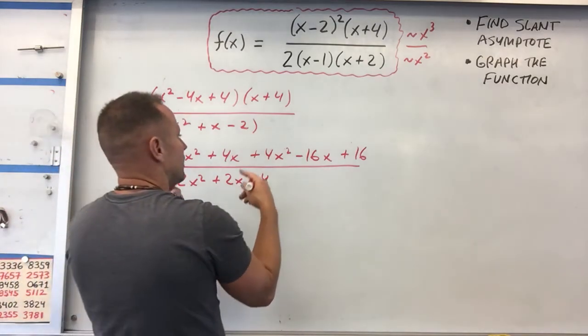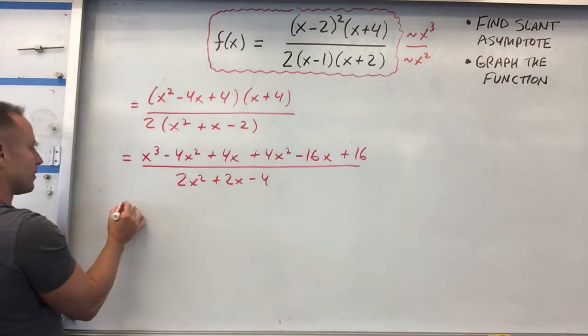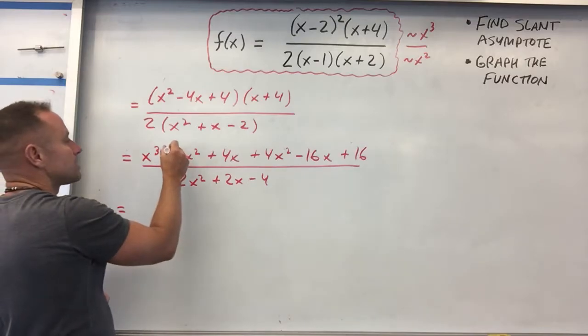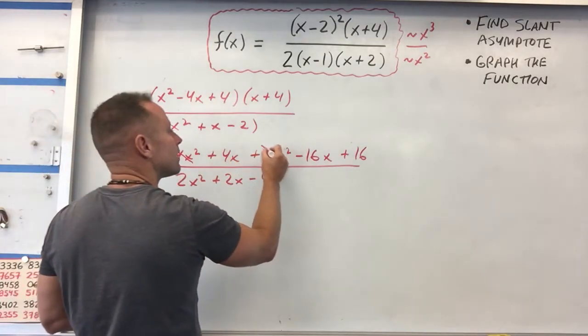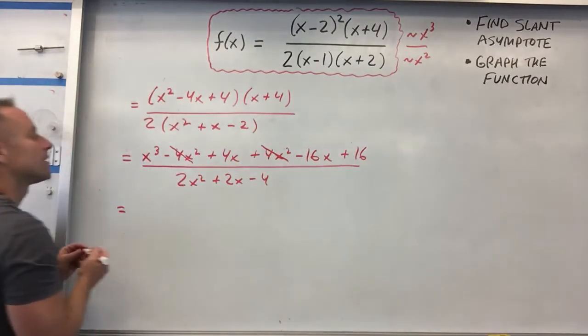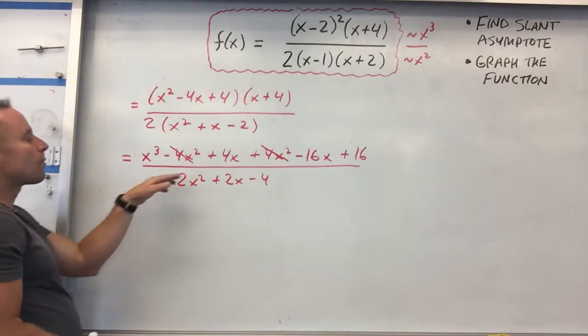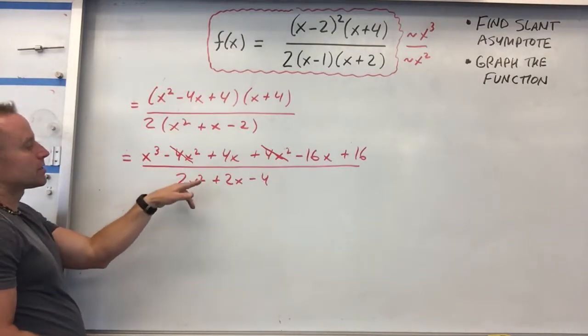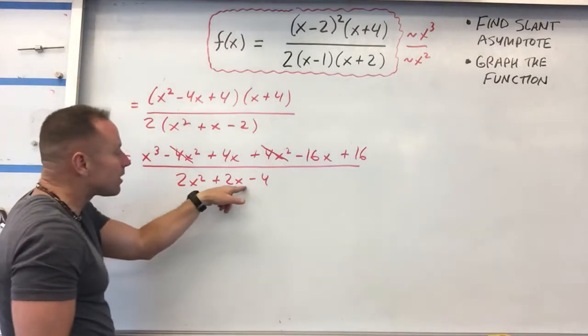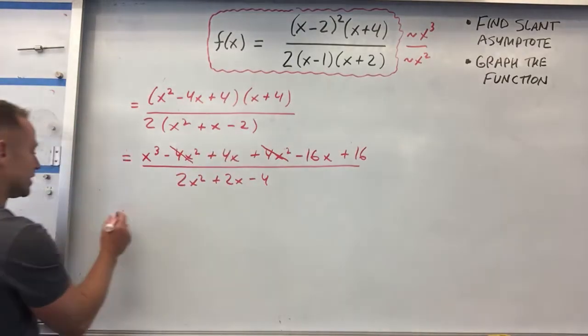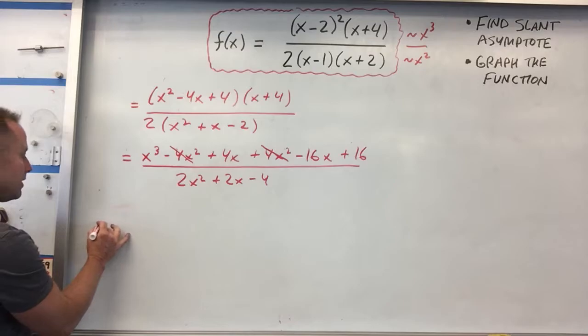Let's simplify this just before we divide. So the minus 4x squared and the plus 4x squared will go away. So what we're going to do now is evaluate this quotient. We're going to divide this polynomial into the one above it, so let's do it long division style.